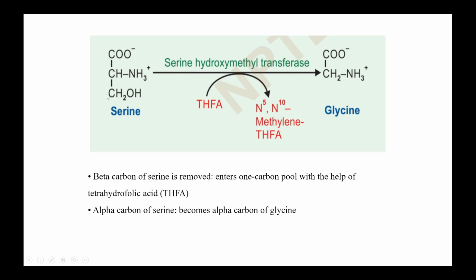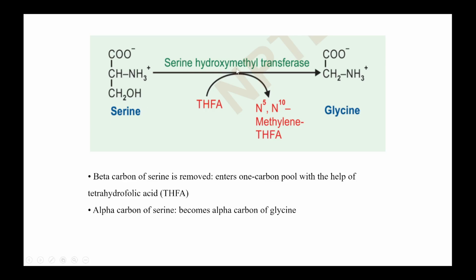So you see there is a methyl transfer from serine to tetrahydrofolic acid. This type of methyl transfer is not S-adenosylmethionine dependent. This is direct methyl transfer from serine to tetrahydrofolic acid. And in the reverse reaction, when glycine is converted to serine, N-methylene tetrahydrofolic acid will donate the methylene group to the glycine to form serine.